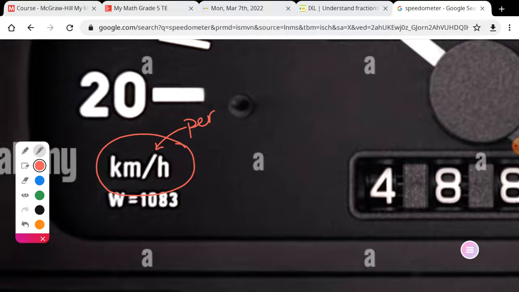I couldn't pull up a US one because in the US we've changed the slash to a P. What do you think the P stands for? Per. If I pulled up a speedometer off of a US vehicle, we have changed the abbreviation to MPH. We could say miles / hours, and we would still say miles per hour.